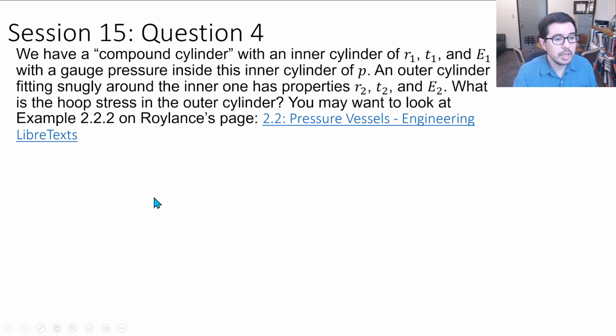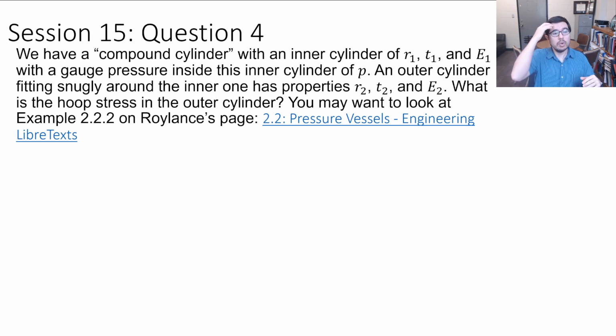I didn't change these properties here, but it'll show appropriately on the website that the internal radius of the outer cylinder is defined so that R2 is really just R1 plus T1. R1 is the inner radius of the first inner cylinder. When we go out a T1, that becomes R2. And then there's another thickness for the outer cylinder.